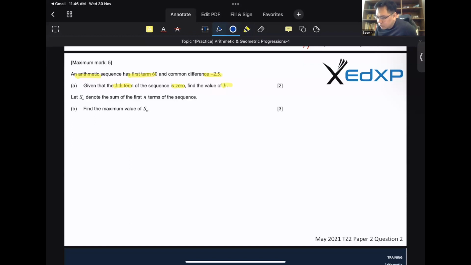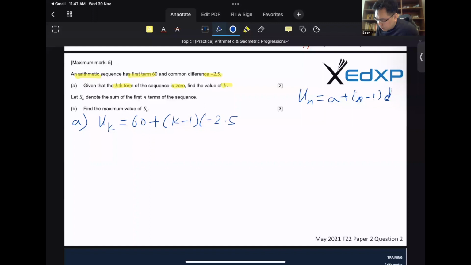Okay, so we're talking about term number here. Just a refresher, the general term for an arithmetic sequence is u_n equals a plus (n minus 1)d, also in your formula sheet. So we can go ahead. If we want to find the kth term, that is actually equal to a plus (k minus 1)d, and this will be equal to 0.